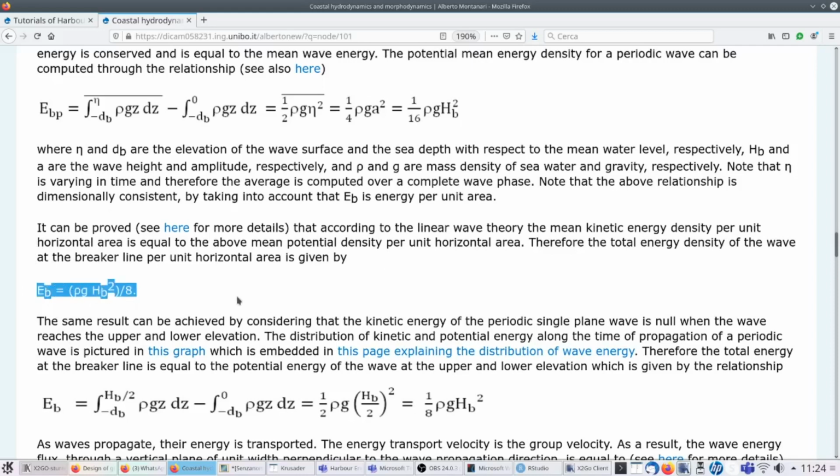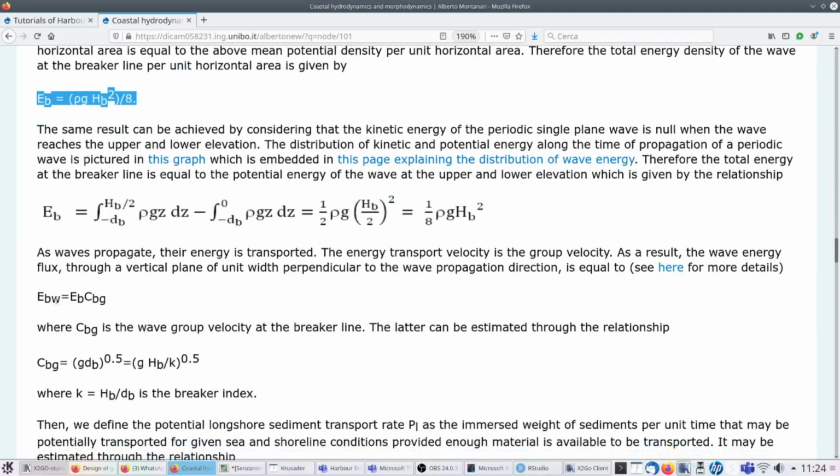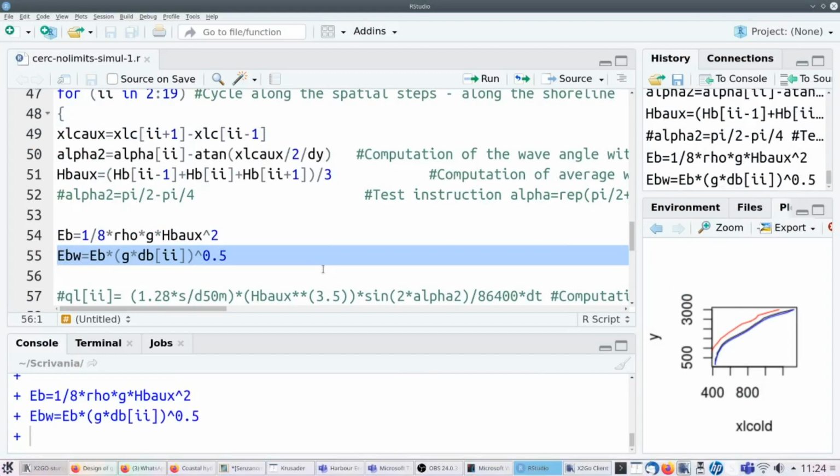And then there is the computation of EBW, which is the wave energy flux through a vertical plane of unit width perpendicular to wave propagation direction. So this computation is shown here, and let me execute it.